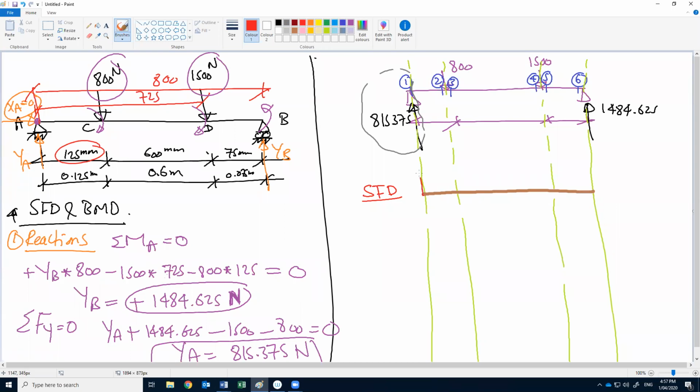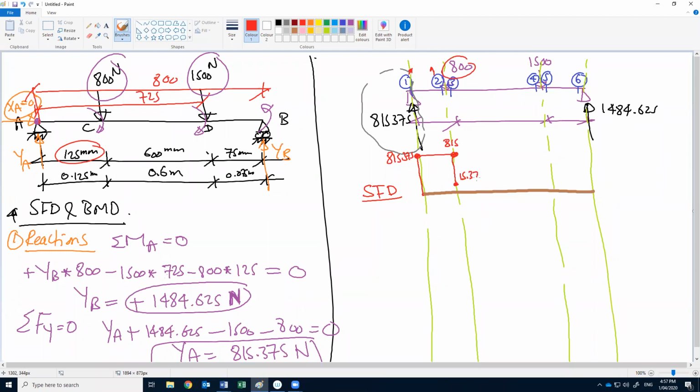Upward or downward? Upward, so this 815 upward. From 1 to 2, do we have any change? No change. So constant. From 2 to 3, we have this 800 down, so we end up at 15.375.